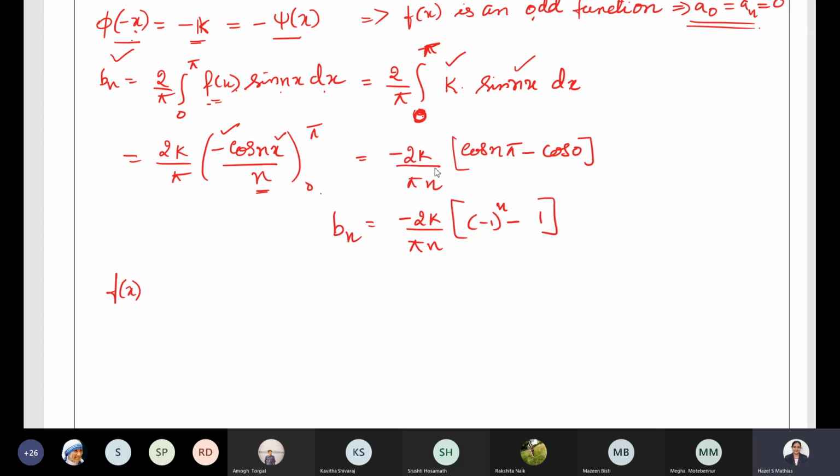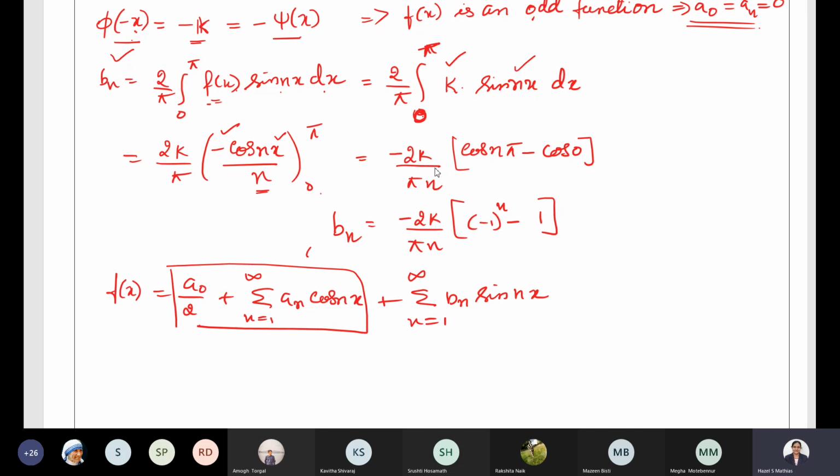The Fourier series is a naught by 2 plus summation n equal to 1 to infinity an cos nx plus summation n equal to 1 to infinity bn sin nx. The function is odd, that's why both a0 and an are 0.